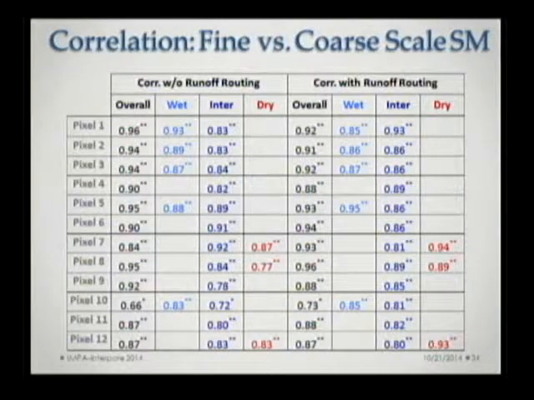So the correlations between the fine and the coarse scale, we did that as a function of how wet or dry the domain was, to see if we could also see any patterns between the wetness of the soil. So you could see that they were all pretty good, but as you go drier, the correlations start going further away, right, going down.